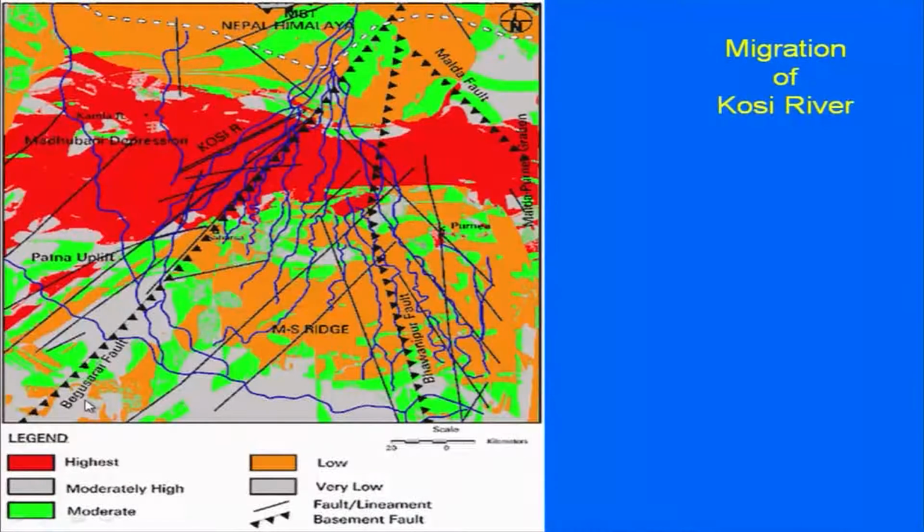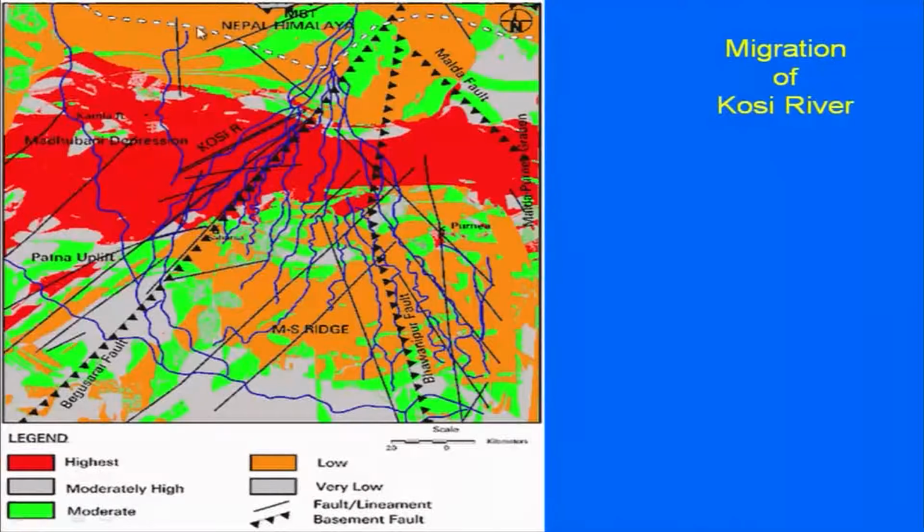One is the Begusarai fault and another is the Bhavanipur fault. These are the two faults, and in between is the ridge which has resulted in the formation of this shape.